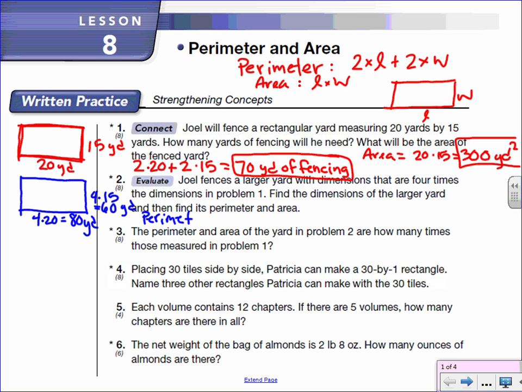To find its perimeter, we're going to take 2 times 80, and then 2 times 60. 2 times 80 is 160, and 2 times 60 is 120. 120 plus 160 is 280 yards for the perimeter.